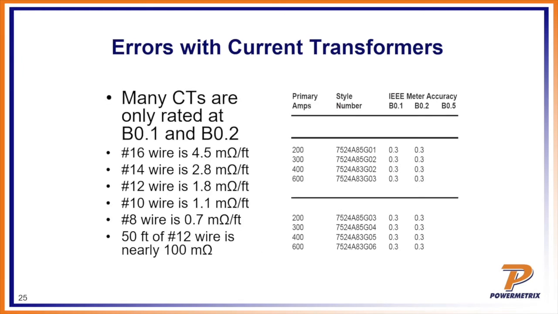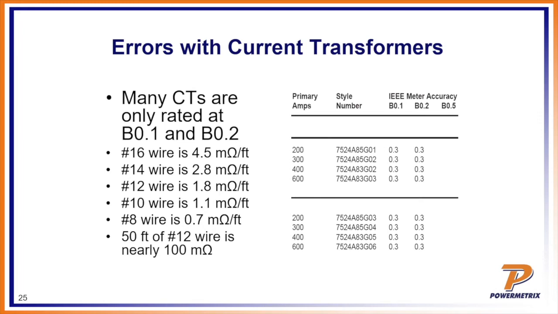So most CTs out there are rated at 0.3 burden, but sometimes there are CTs that have a 0.1 or a 0.2 ohm burden rating. If you have a maximum burden rating of 0.1 ohm, there are times that just the wiring gauge alone will put you over the burden rating of the CT itself.